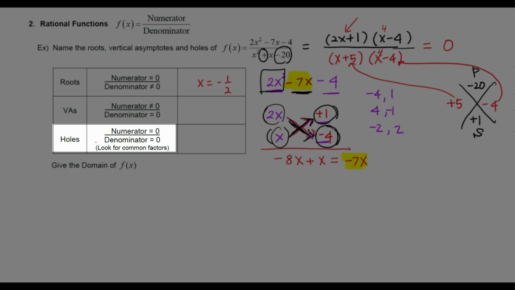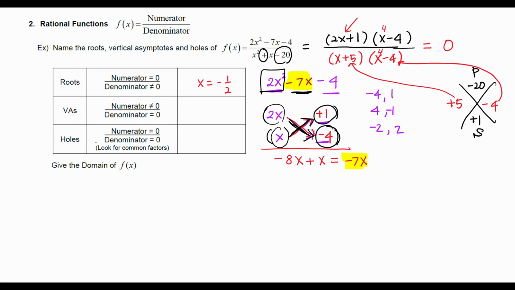So this rational function do have a hole, since when x equals 4, we get 0 over 0. So we do have a hole, and hole happens at x equals 4. And if you want to find out what is the y coordinate of the hole, you could cancel this and plug x equals 4 on the rest of a rational function to find out the y coordinate of a hole, so that you can actually plot the hole for your graph.